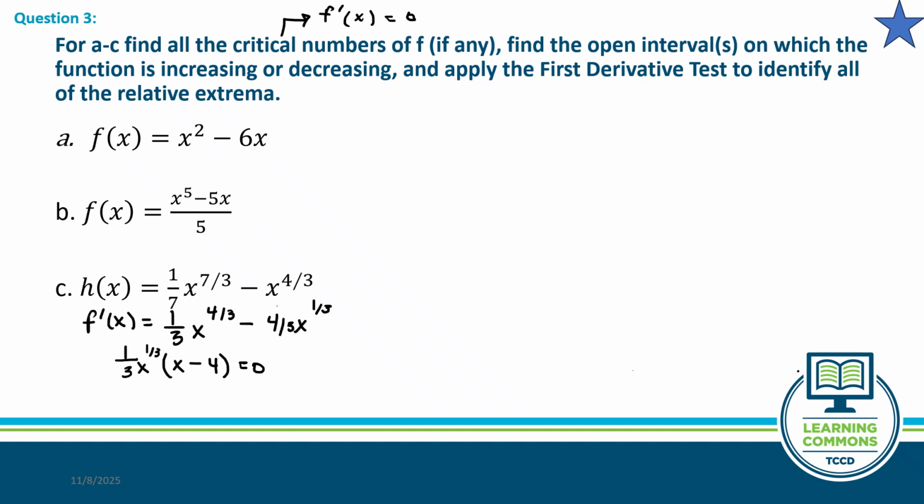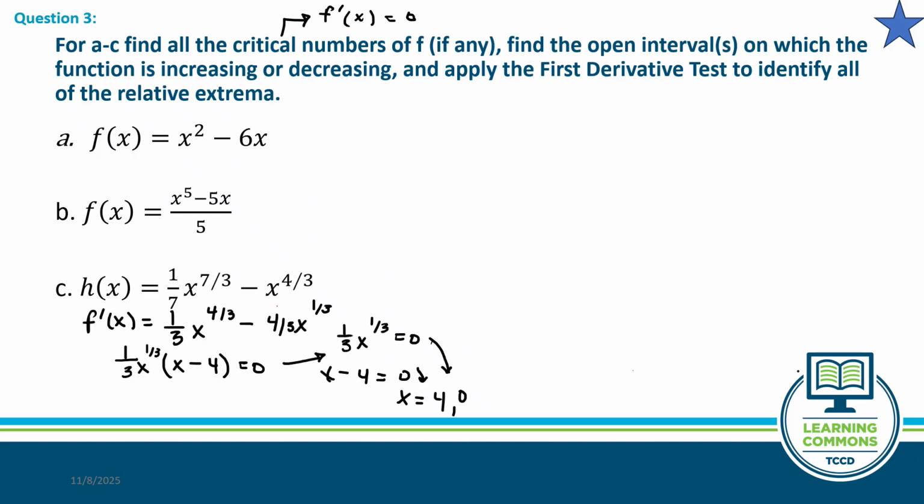You can pull out 1/3 x to the third because they're both 1/3, x minus 4, and then I will set each piece individually equal to 0. So x equals 4 for this one, and then for this one, it's also just going to be 0, which makes life a little bit easier. Those are my critical numbers.